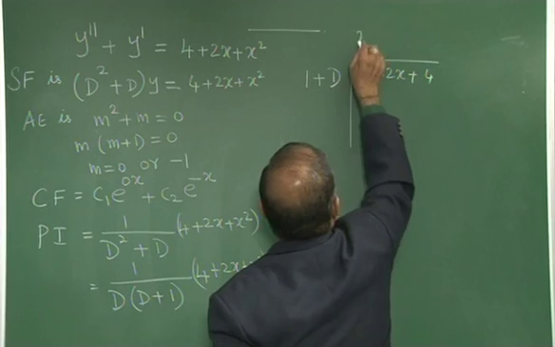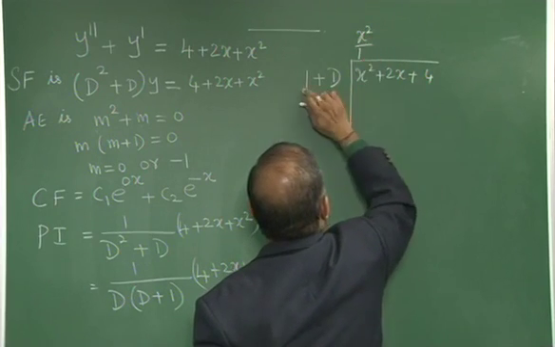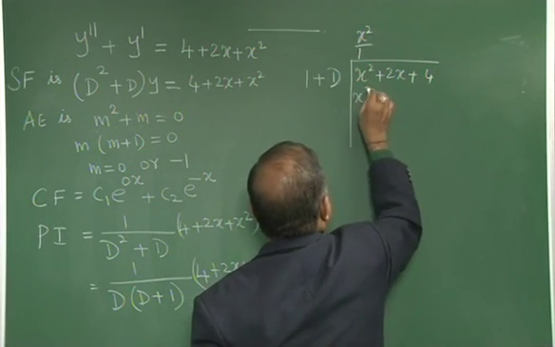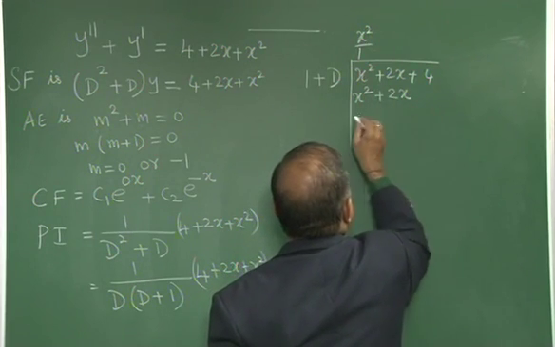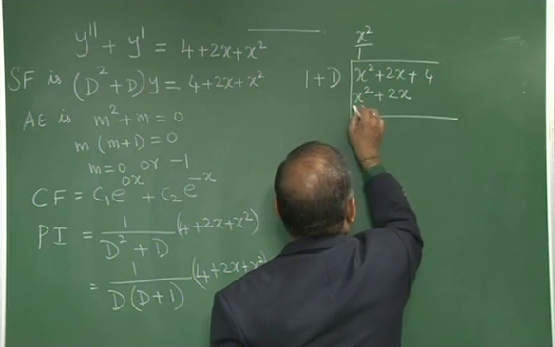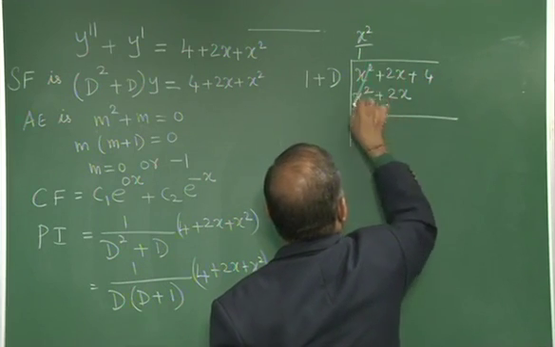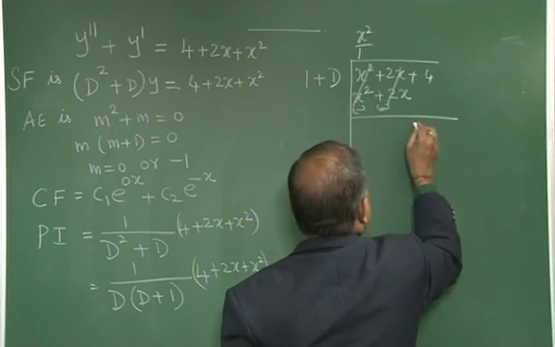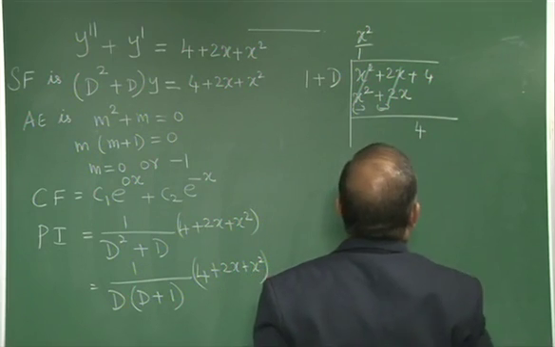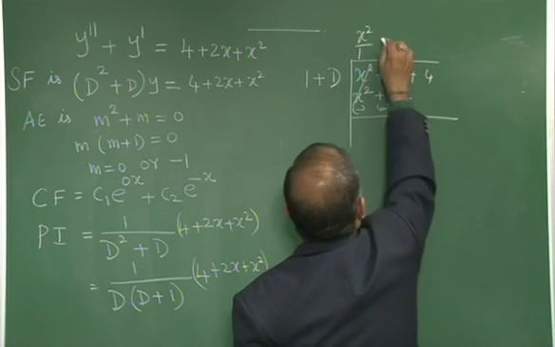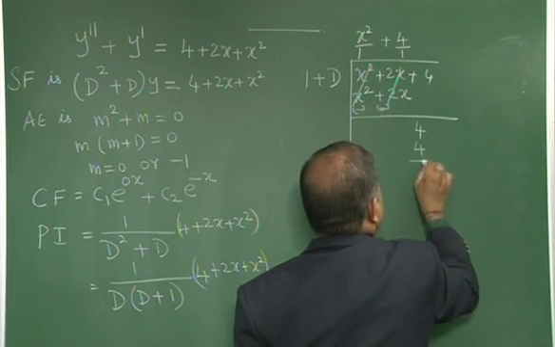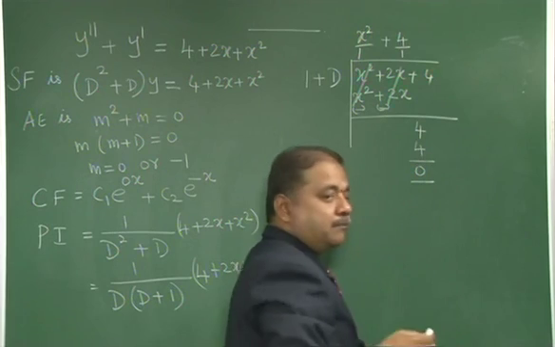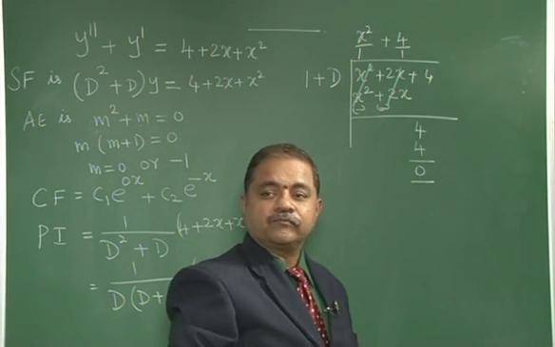So x square by 1, multiply x square, one time differentiation 2x, change the sign, it gets cancelled, I will get only 4. Again plus 4 by 1, I am writing more specifically.